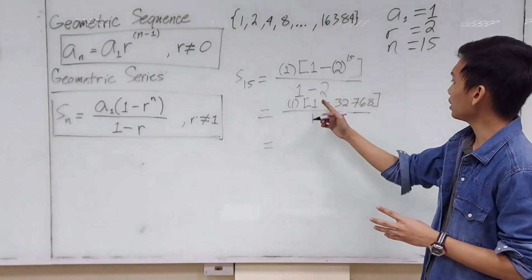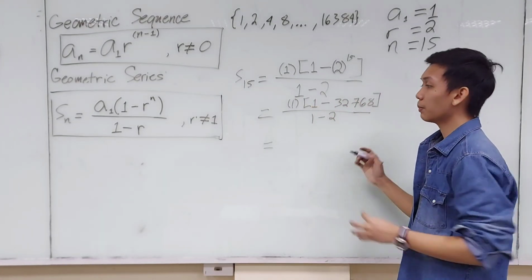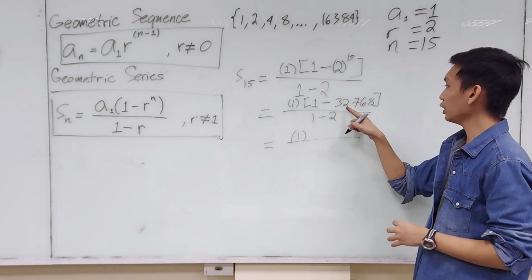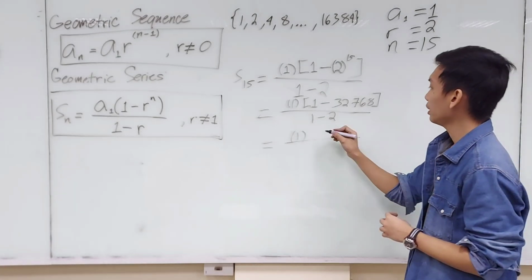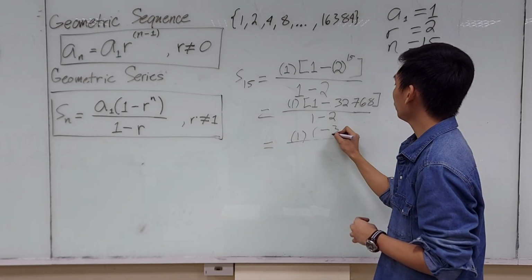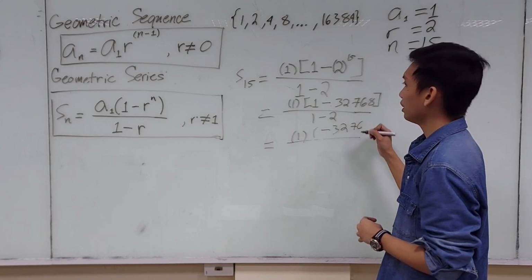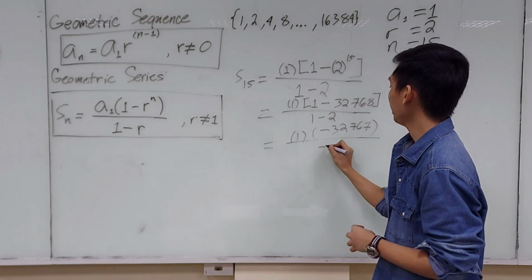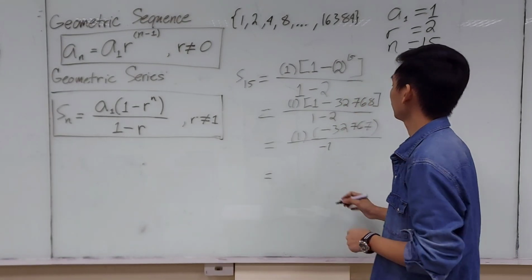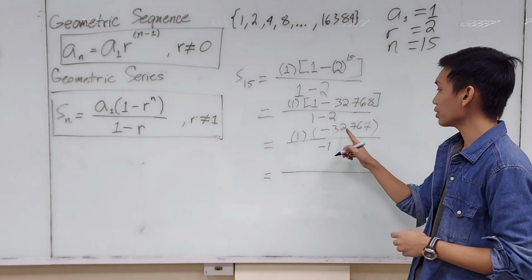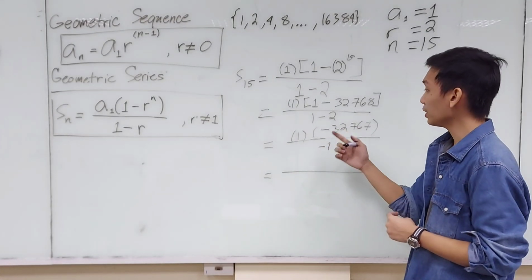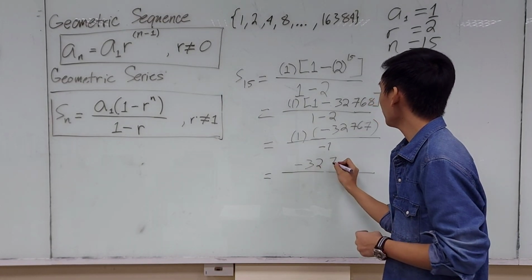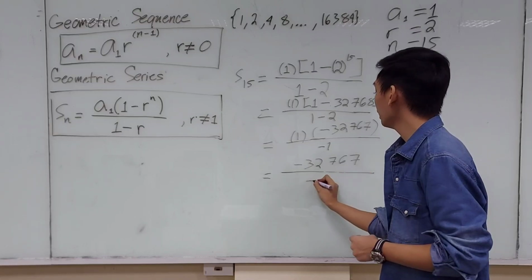Next, we deal with this subtraction within the bracket. 1 minus 32,768 is negative 32,767. 1 minus 2 is negative 1. 1 times negative 32,767 is just simply the same, negative 32,767 over negative 1.